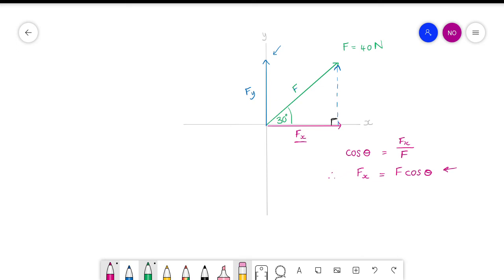So let's quickly calculate that one. I'm literally going to say fx is equal to 40 times cos 30. Belangrik dat jy bysit vir my, jy weet hy is na regs.